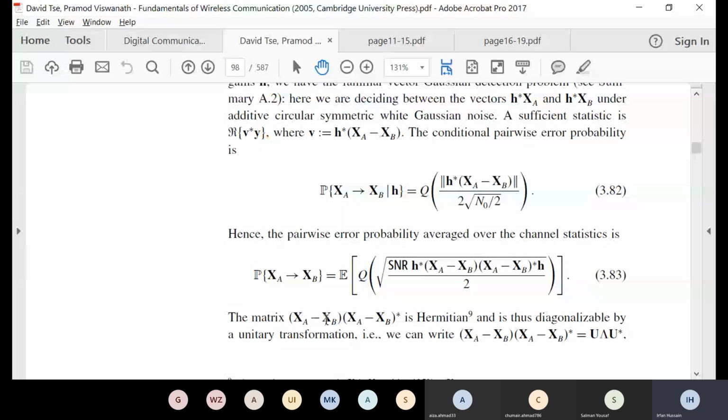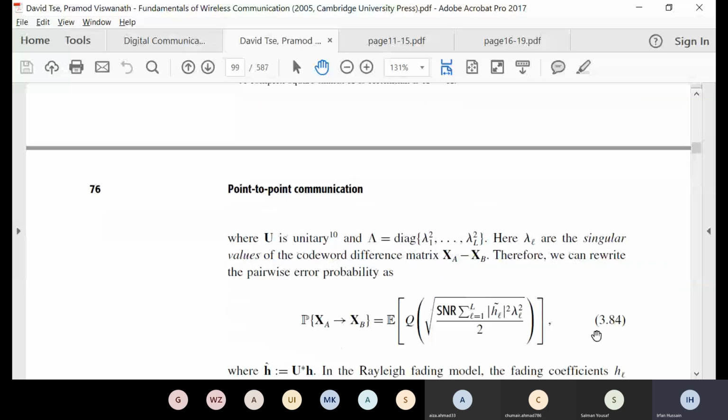U is a unitary matrix, and the diagonal matrix holds the singular values of the difference matrix. Because there are two matrices, (xa minus xb) into (xa minus xb) conjugate, that is why he is writing them as squares. So the lambda is for a single one because the square is there.